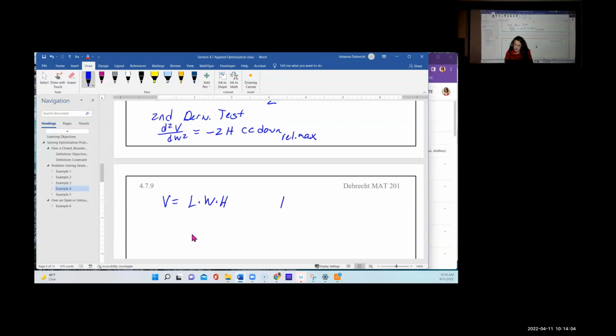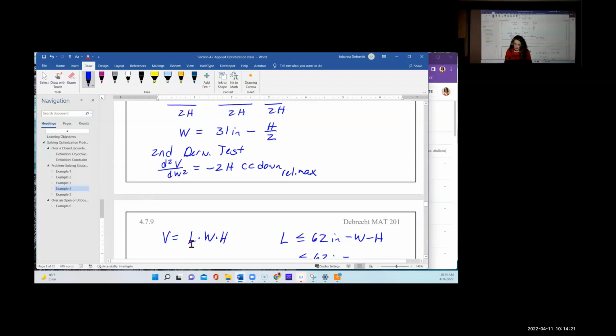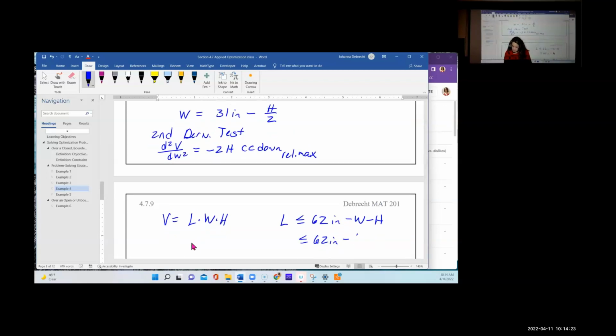And I know my length coming from the original was less than or equal to 62 inches minus W minus H, which means that it's got to be less than or equal to 62 inches minus, and now I've got an expression for W, which is 31 inches minus H over 2, minus H.